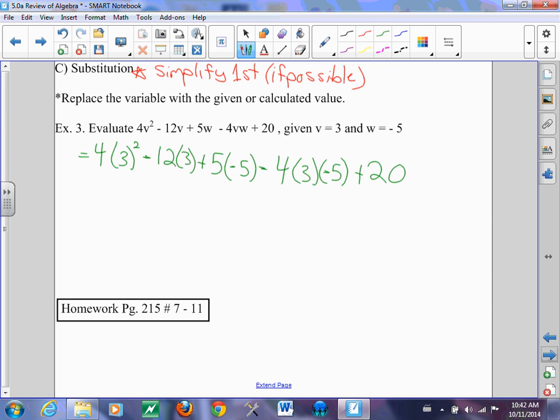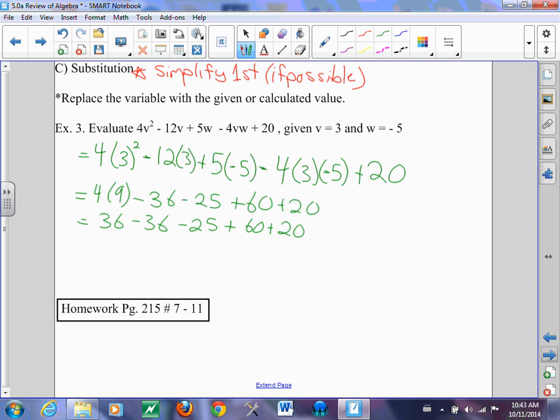Use BEDMAS, ladies and gentlemen, so it's going to be 4 times 9 minus 36 minus 25 plus 60. Watch your sign there, folks. And plus 20. Simplifying through, we're going to have 36 minus 36 minus 25 plus 60 plus 20. One thing I noticed, folks, is I got a 36 and a -36. Those cancel out. So we end up with an answer of 55.